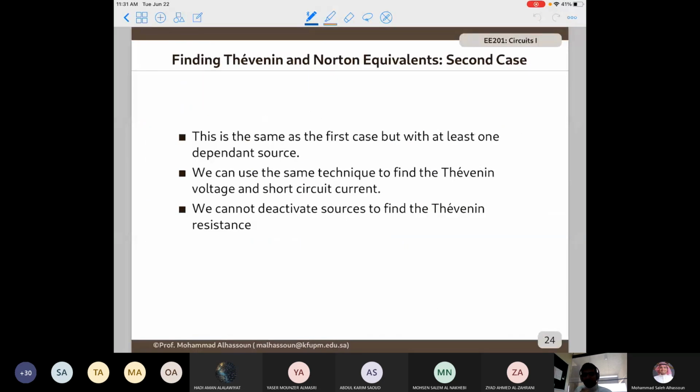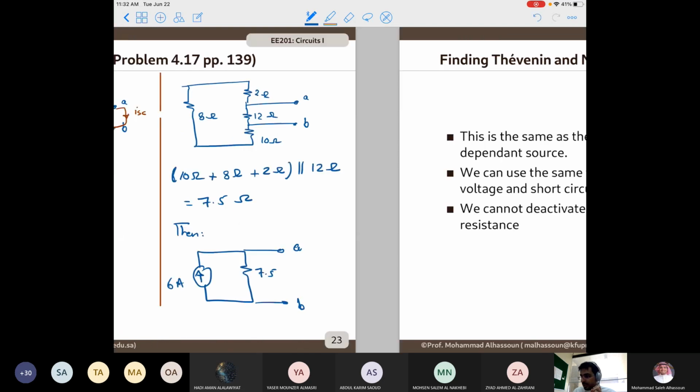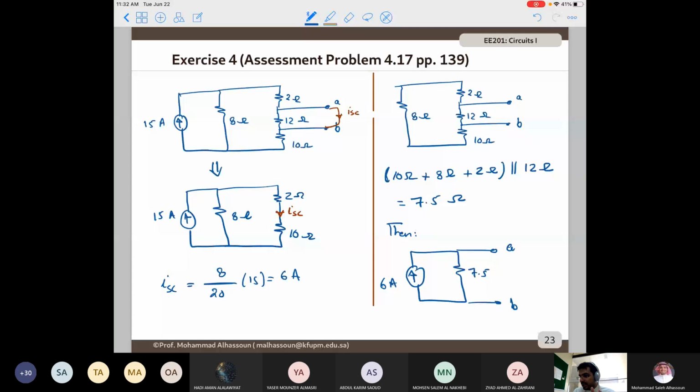Now what happens if we have a dependent source? Then finding the Thevenin equivalent circuit will be a little bit more complicated. Finding the Thevenin voltage and the short circuit current will be the same. But we cannot use this simple method of deactivating all sources to get the Thevenin equivalent resistance.